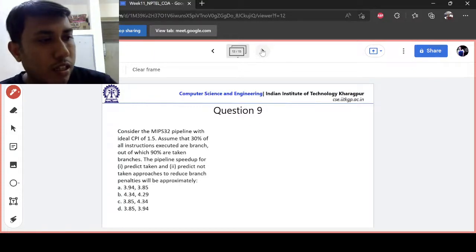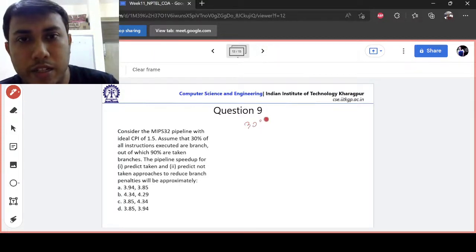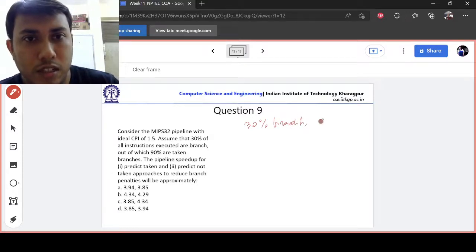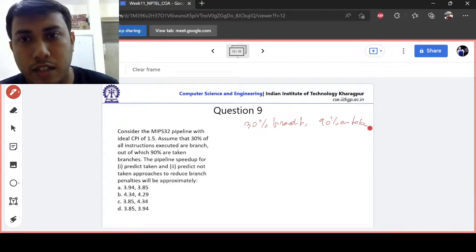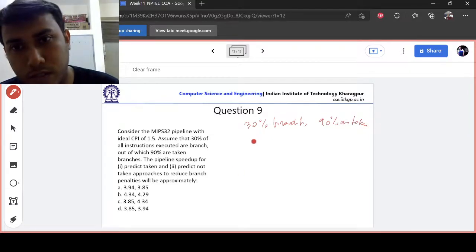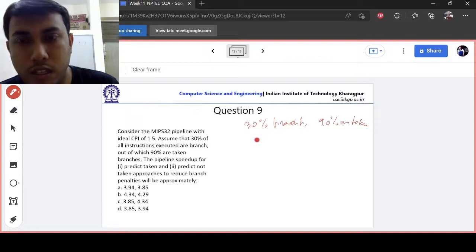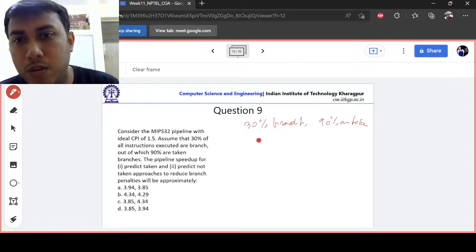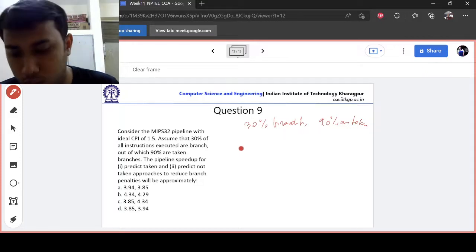So there are 30% branches, 90% are taken. So if the pipeline predicts taken and if the pipeline does not predict taken, what will be the branch penalties?